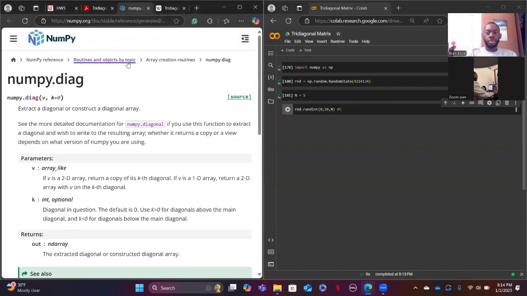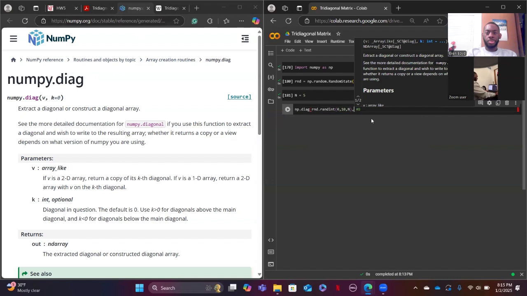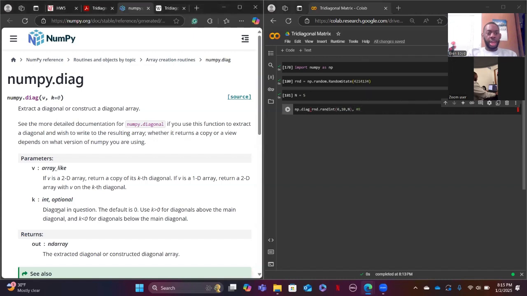So np dot diag. And then we have to import K as well. K is the diagonal in question and it defaults to 0. Basically it's where you want to start the positioning of your diagonal.